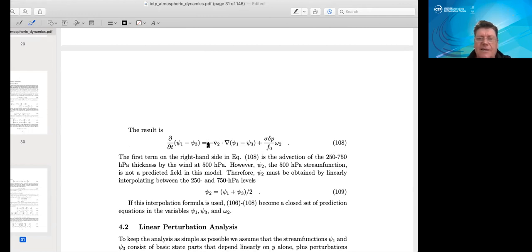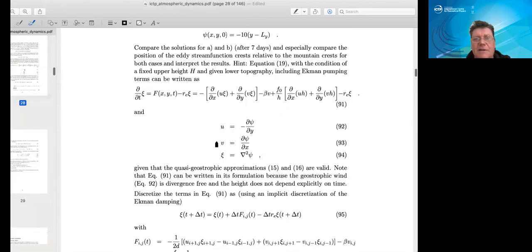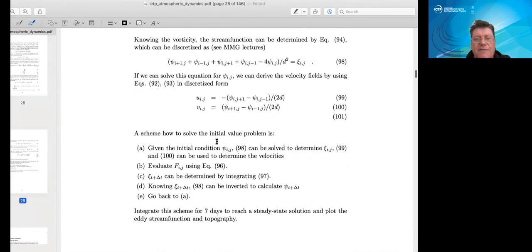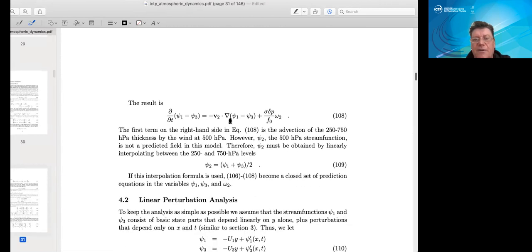Now, velocities are related to horizontal derivatives of our stream function at that level. So this is what we have said here. So u2 would be defined by minus d psi by dy, and v2 would be defined by d psi by dx. But we don't have the stream function at level 2.